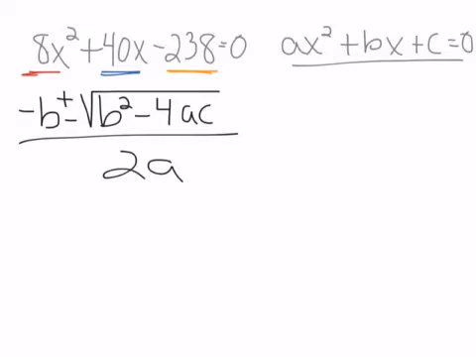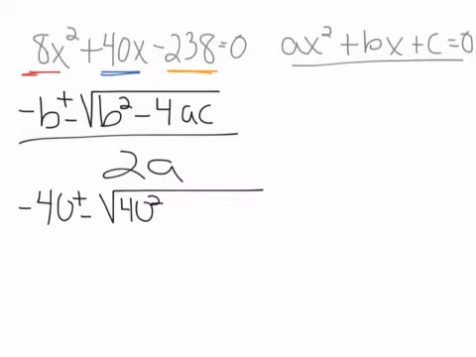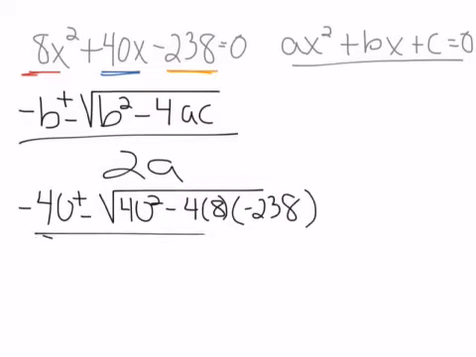Okay, so we're going to plug into that. B is 40, so we have negative 40 plus or minus the square root of 40 squared minus 4 times 8 times negative 238, all divided by 2 times 8.